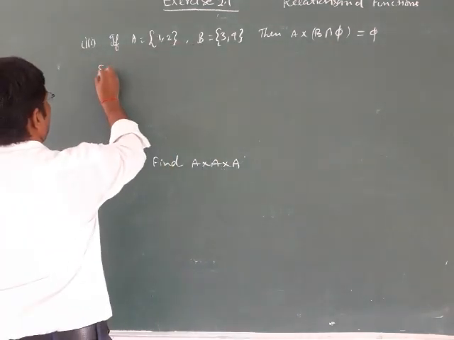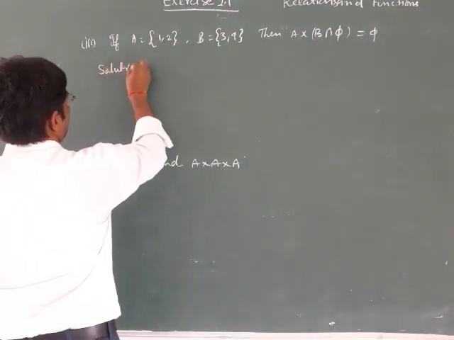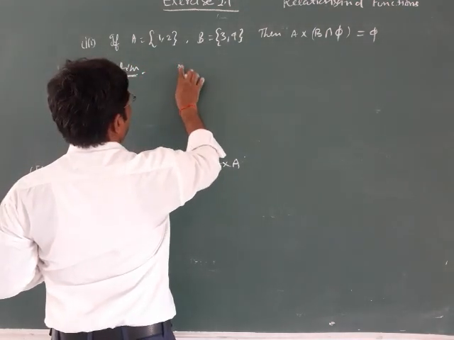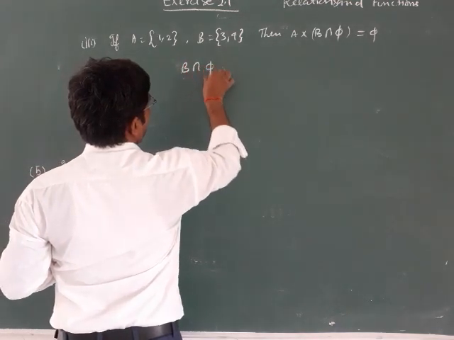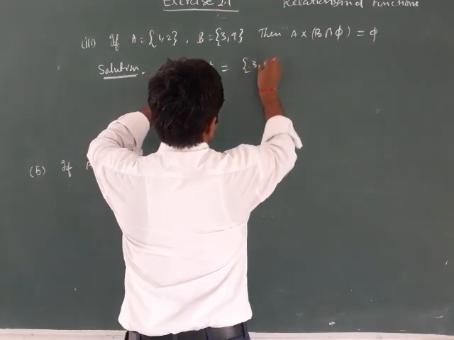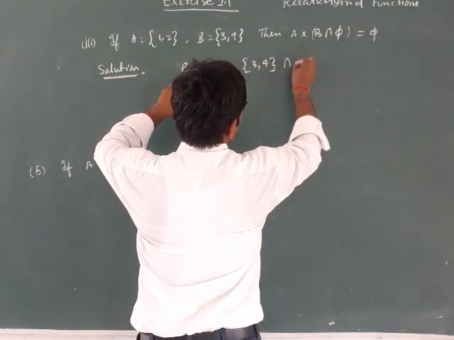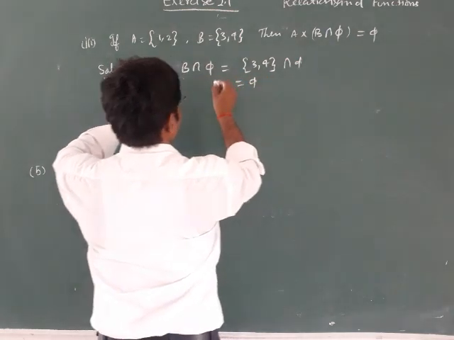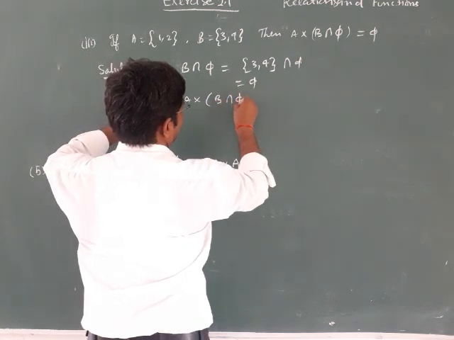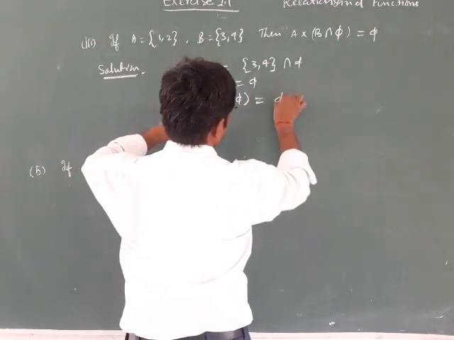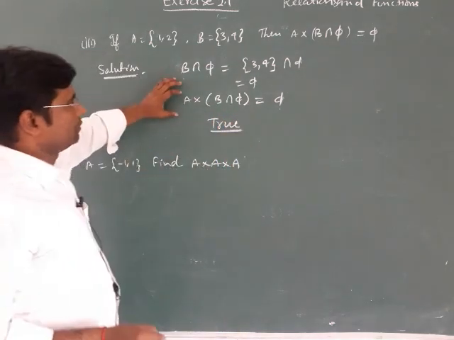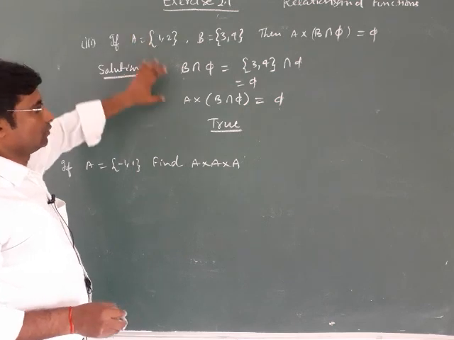So solution of this question: A cross B intersection empty set is equal to the empty set. So now A cross B intersection empty set is equal to the empty set. It is true. According to this solution, this is true.